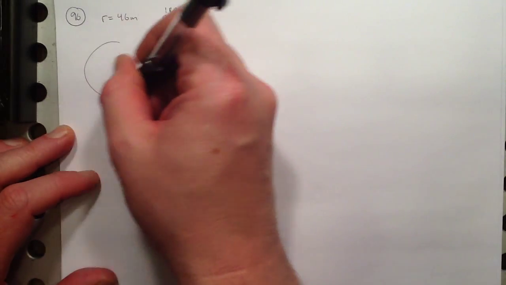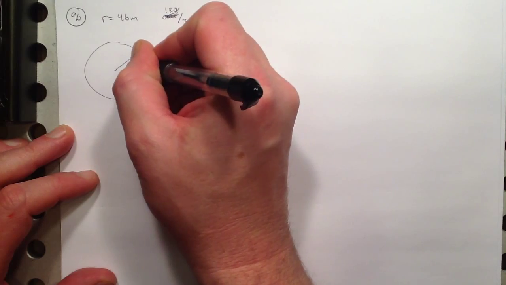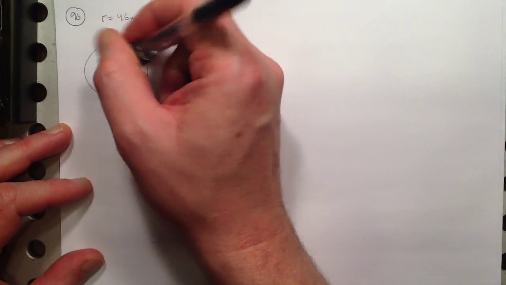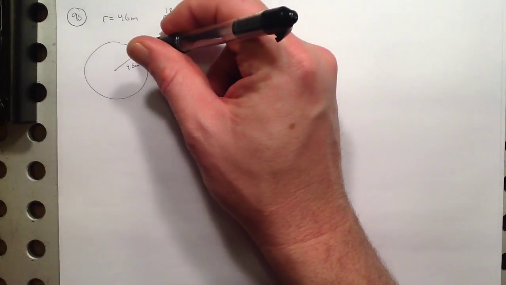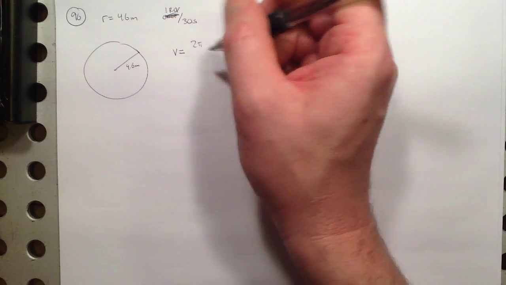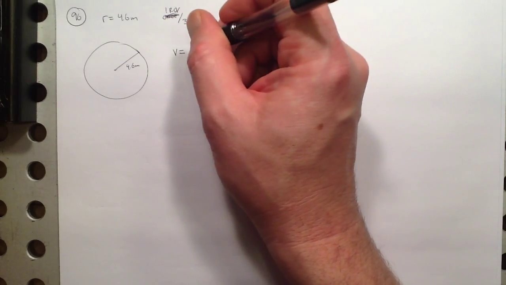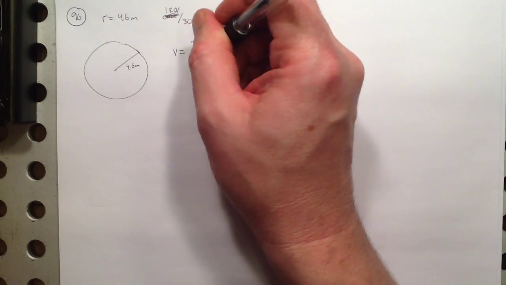So if we've got a circle here with a radius of 4.6, there might be an equation that you remember, but you might also just say, well, I guess this is the equation one way or another. The speed of anything moving in a circle is just distance over time. So 2 pi r, that's the distance around the whole circle, over the amount of time it takes to go around the whole circle, and that's 30 seconds.